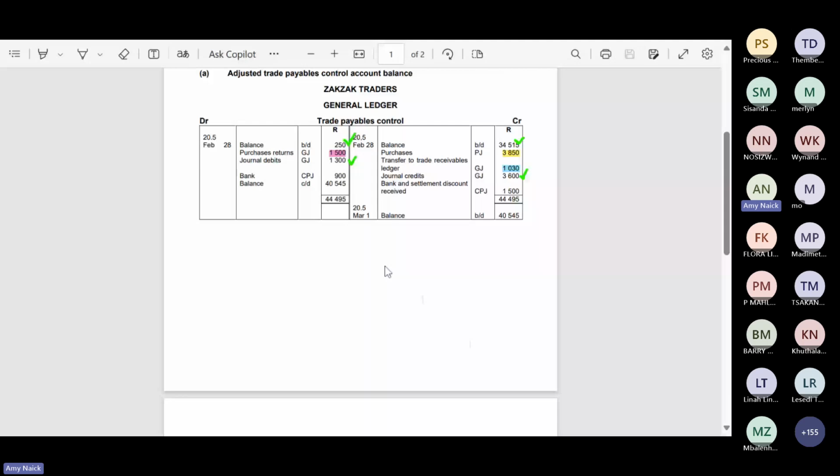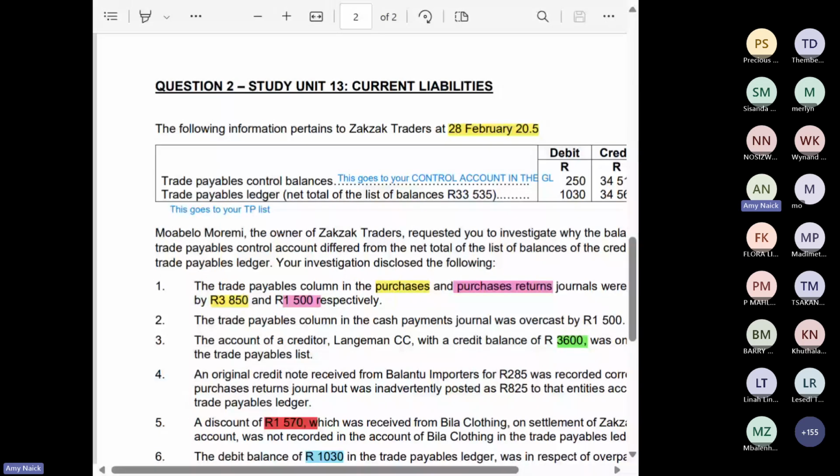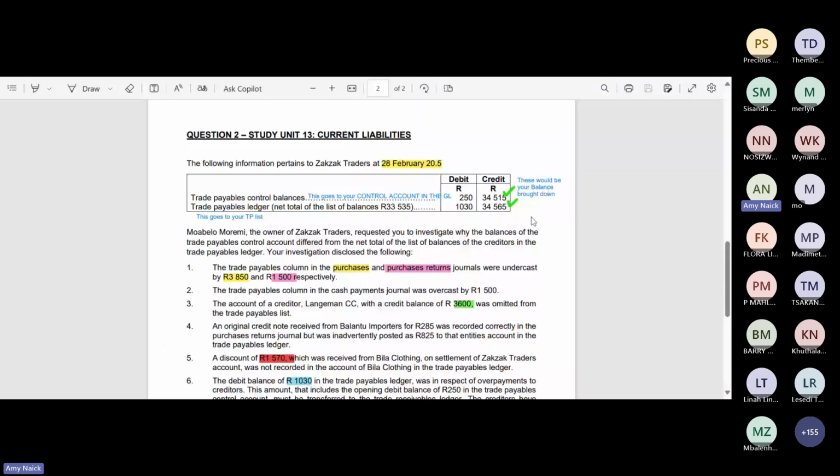So basically, guys, the balances, it's going to be hard to show you between the two. So let's go back to the actual question. If we go back to the question, you'll see that they say on the payables control balance, you basically have a 34,000 Rand credit.